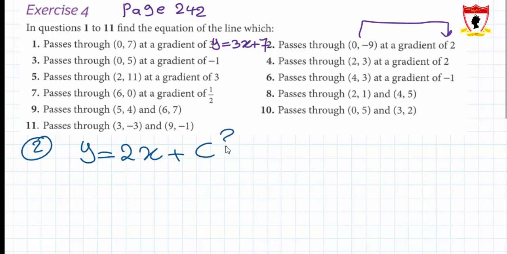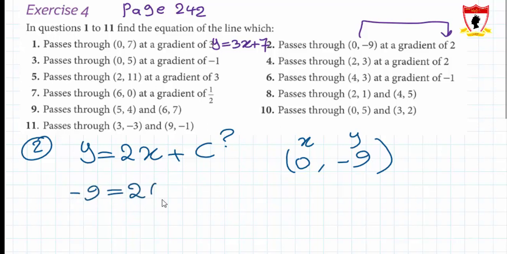To find c, we will use the point. In the point, 0 stands for x and negative 9 for y. Let's put 0 in place of x and negative 9 in place of y. We will get negative 9 equals 2 times 0 plus c.